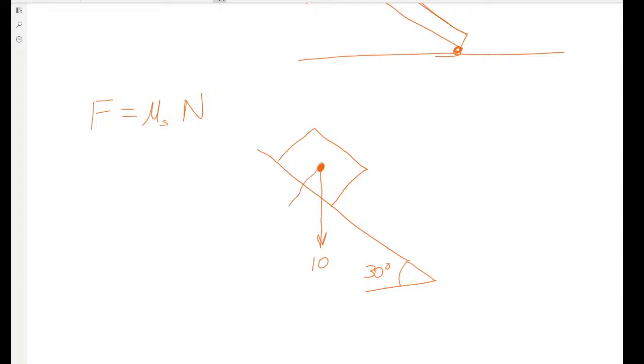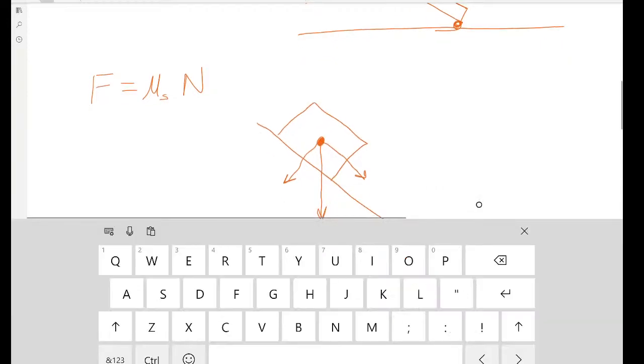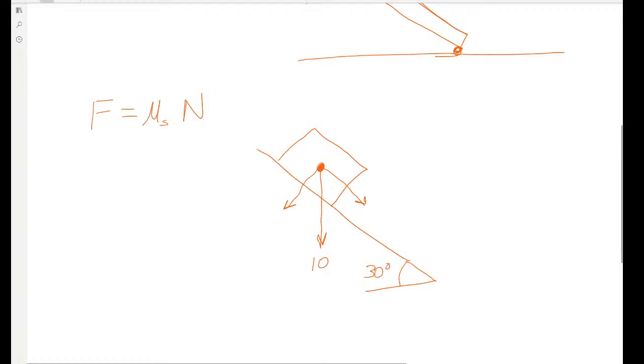30 degrees. I don't know that this is actually 30 degrees. The question is, which one of these angles is 30?